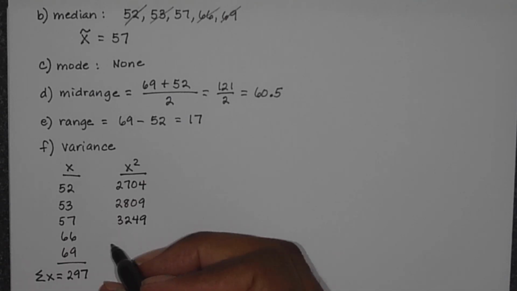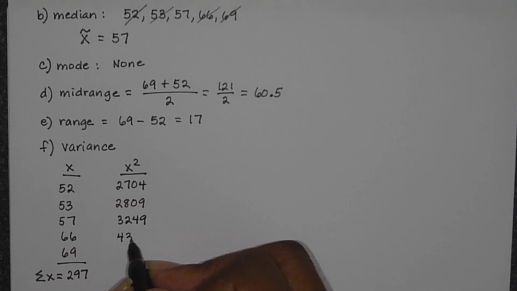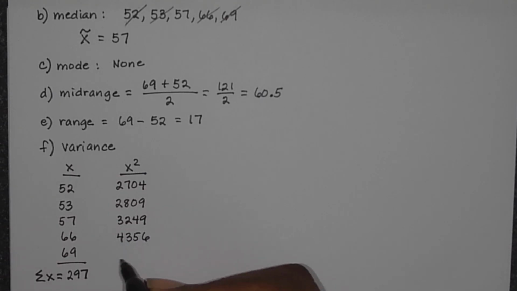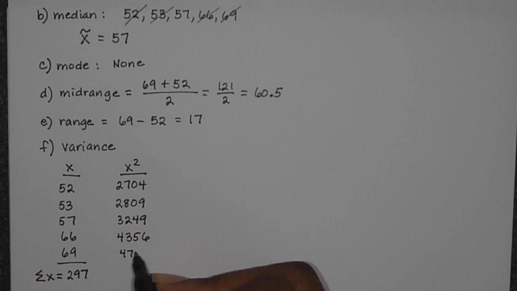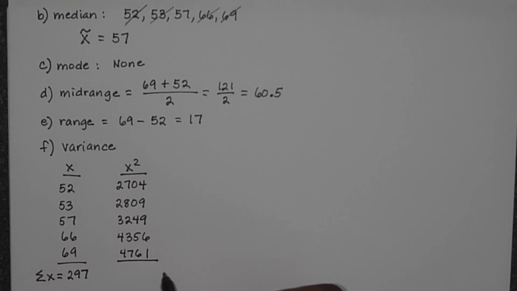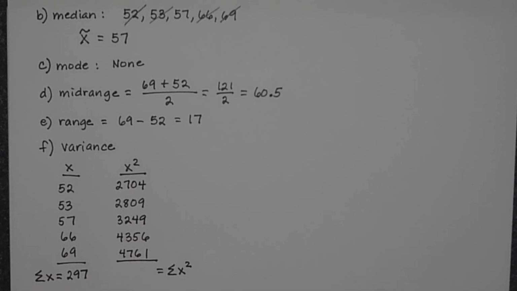Square 66, 4356. And then square 69, you'll get 4761. Okay. Now we're going to add the sum of the x squares, or obtain the sum of the x squares.